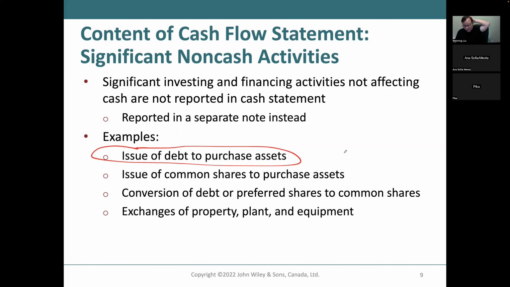You issue debt to purchase an asset. What is the accounting journal entry?